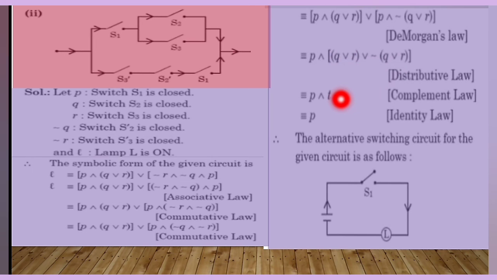We can write capital T, or tautology T. Suppose this bracket P or negation P is T. Since we write P and T, complement law we use here. And now again the identity law: P and T is P. Since we write P, the alternative switching circuit for the given circuit is only switch S1, which is P.